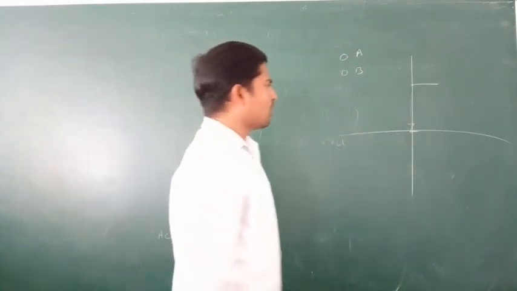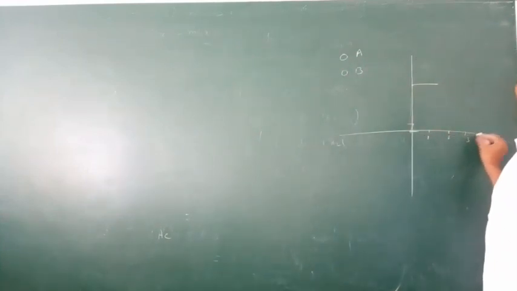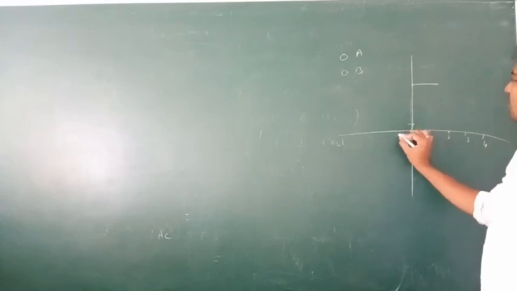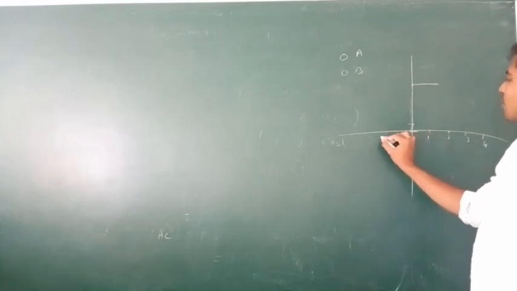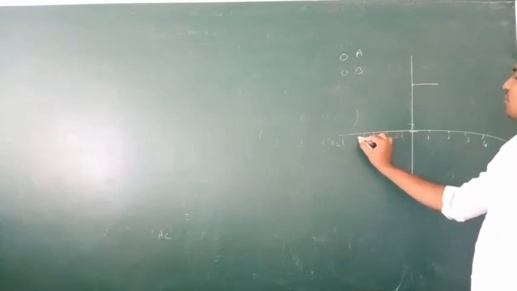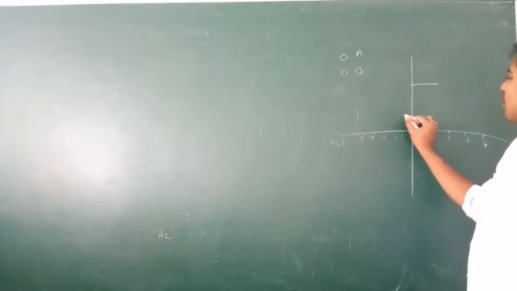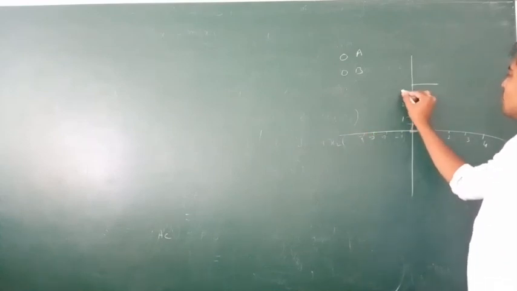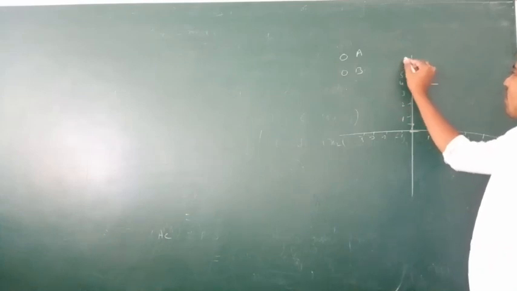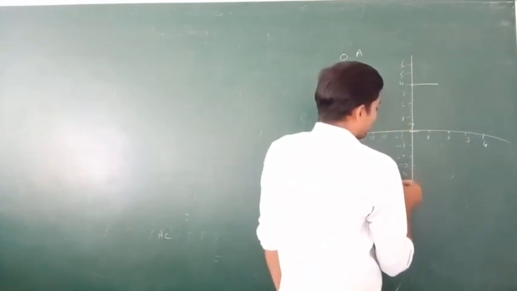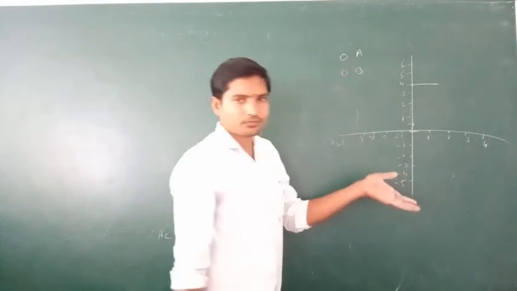You can assume 1, 2, 3, 4, 5 like that, and here also -1, -2, -3. The scale is yours: -5, -1, 2, 3, 4, 5, 6, and here -1, -2, -3, -4, -5, like this.